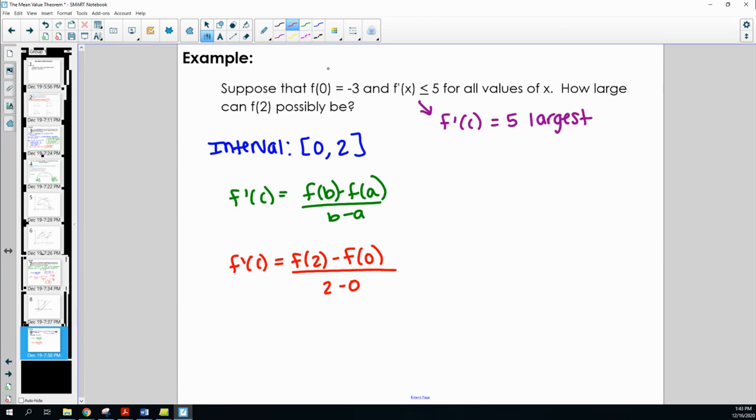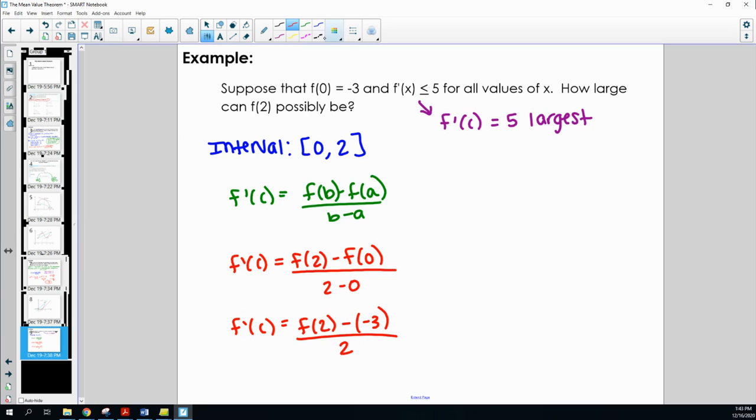So from the original problem, they told us that f of 0 is equal to negative 3. So I'm going to plug that in. So f of 2, I don't know what that is, minus f of 0, so minus negative 3. And then 2 minus 0 is 2.